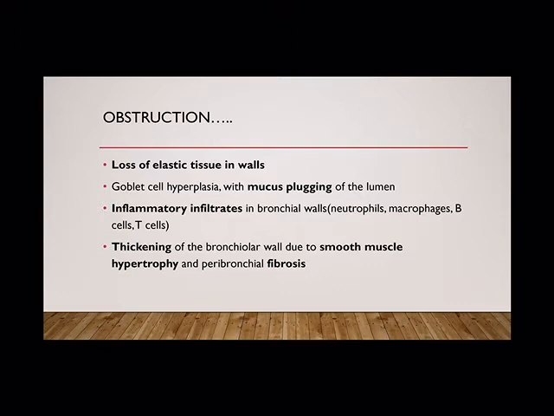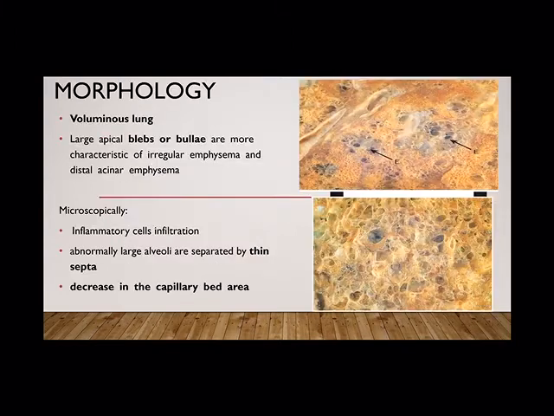So the goblet cell hyperplasia will lead on to your mucus plugging. And then it was also said there is thickening of your bronchial wall due to smooth muscle hypertrophy and peribronchial fibrosis. However, this is more predominantly seen in asthma. Okay, so we have now seen the pathogenesis, how it happens.